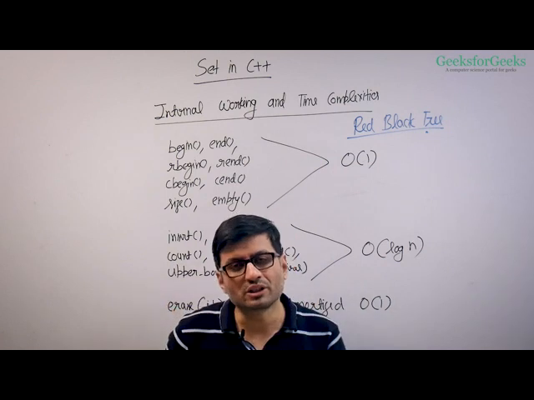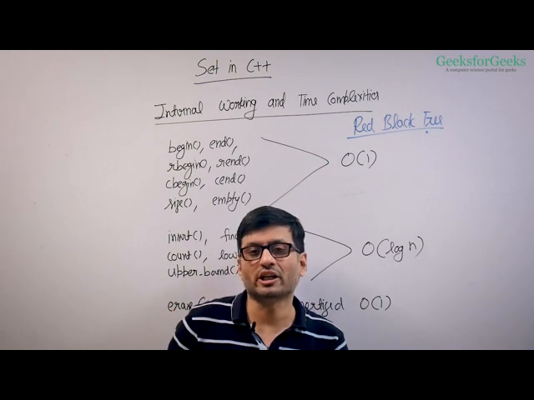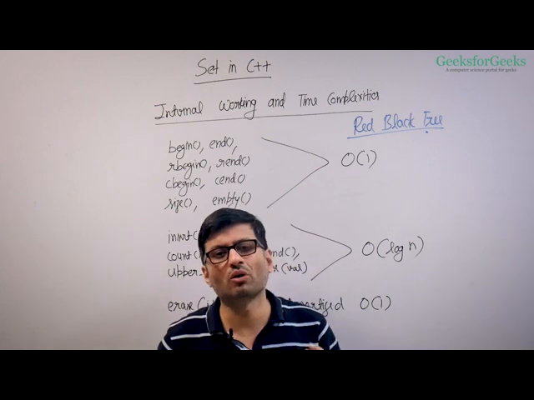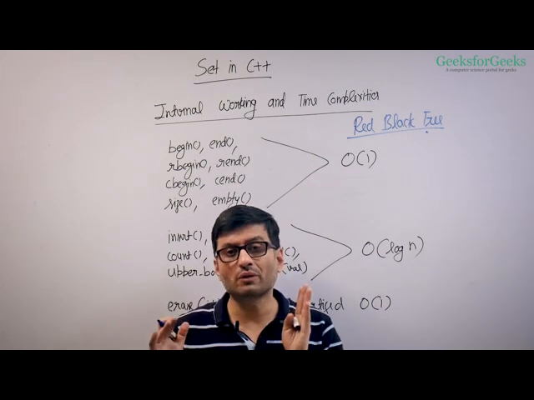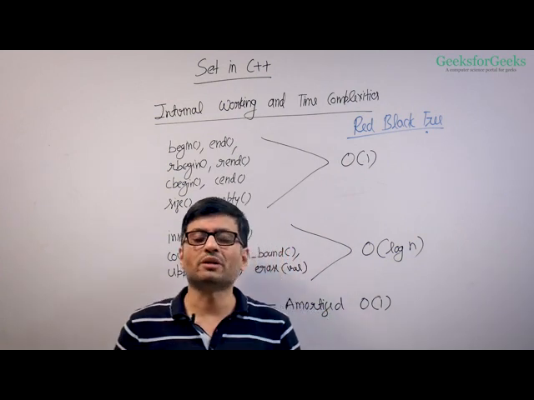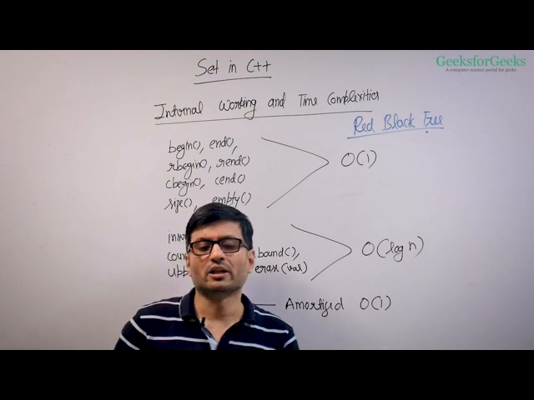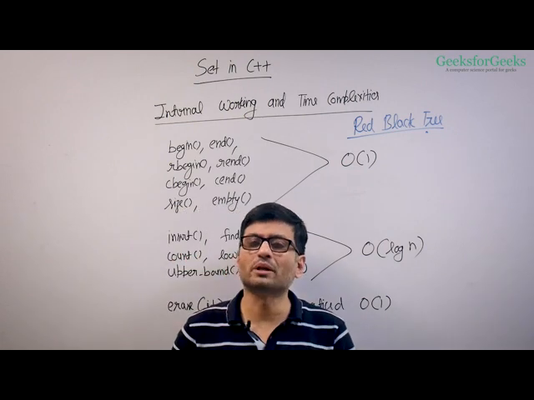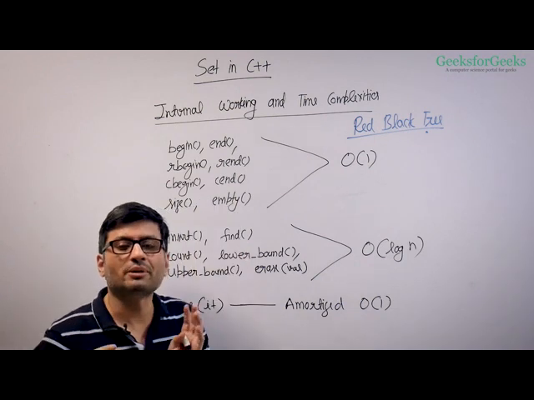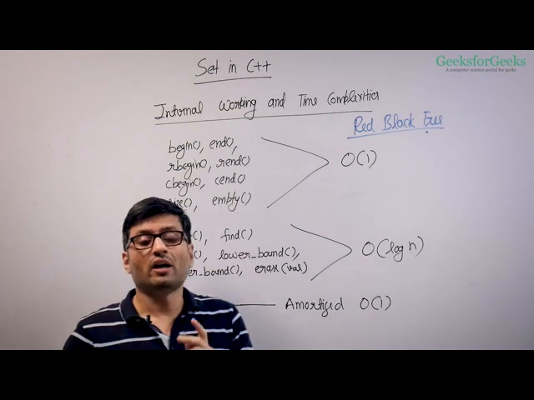So if you want to insert an item, remove an item or search an item, all these take big O of h time, and h is ensured to be log n. So the time complexity of search, insert, delete in a red-black tree is big O of log n. That's the internal representation of set.